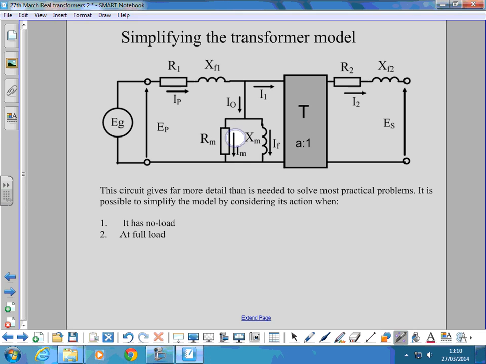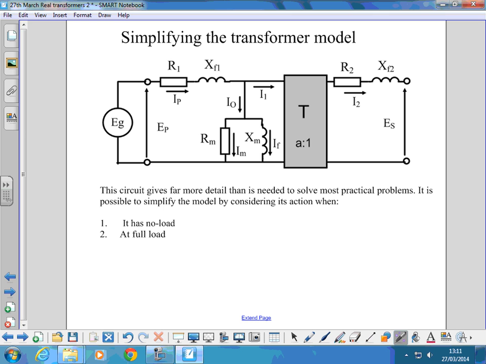So that we developed last week, and then we looked at the resistance and leakage flux of the primary winding represented by a resistance and an inductance in the primary side, and then the resistance and inductance, leakage flux I should say, of the secondary winding by a resistance and an inductance in the secondary winding.